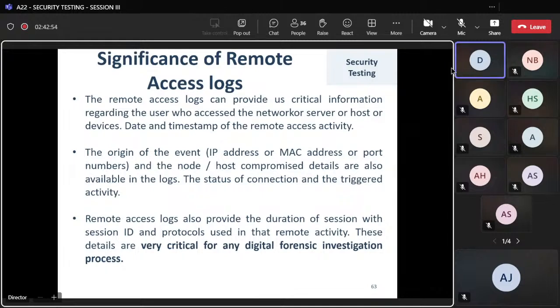You'll get to know the origin of the event: the IP address, the MAC address, or the port numbers. You can also identify the status of the connection, whether they're still connected or the session is completed, and whether the triggered activity was a success or a failure.